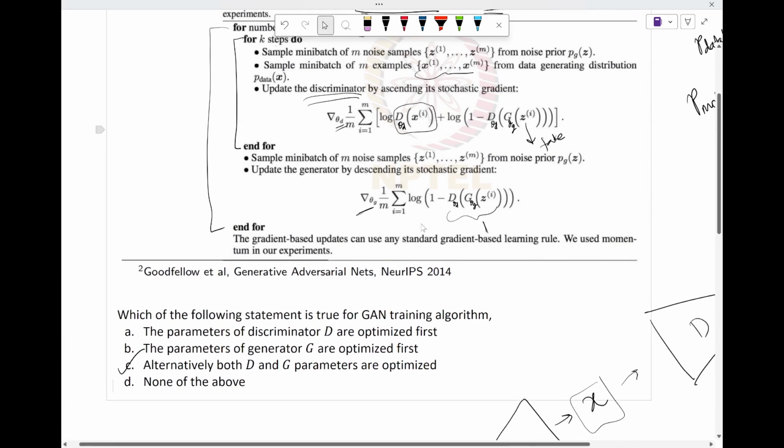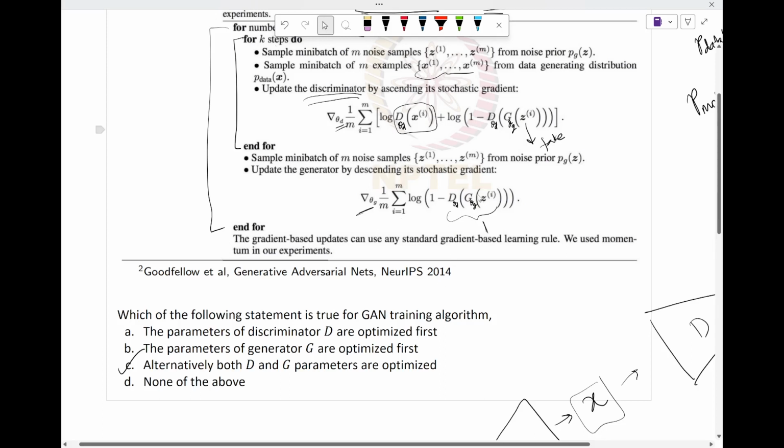Same thing will happen if you optimize G first. Because you are not really training the discriminator, the discriminator will be very bad. It won't be able to identify what is the fake image.